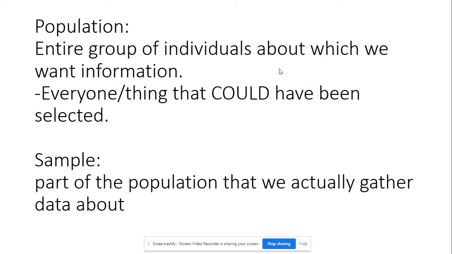Entire group of individuals about which we want information. So then underneath that, it says everyone who, I want you to write could have been selected.